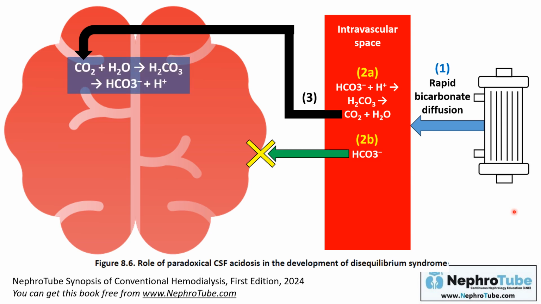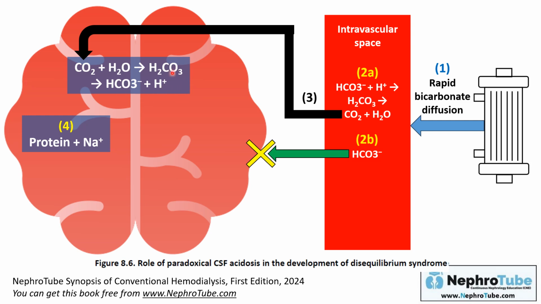When carbon dioxide enters the brain cell water, it will combine with water, the equation will be reversed, and the carbon dioxide will be converted into hydrogen. This hydrogen will increase the acidity of the intracellular space in the brain, and there is no bicarbonate that can diffuse to buffer this hydrogen, because one molecule of hydrogen is more powerful than one molecule of bicarbonate.